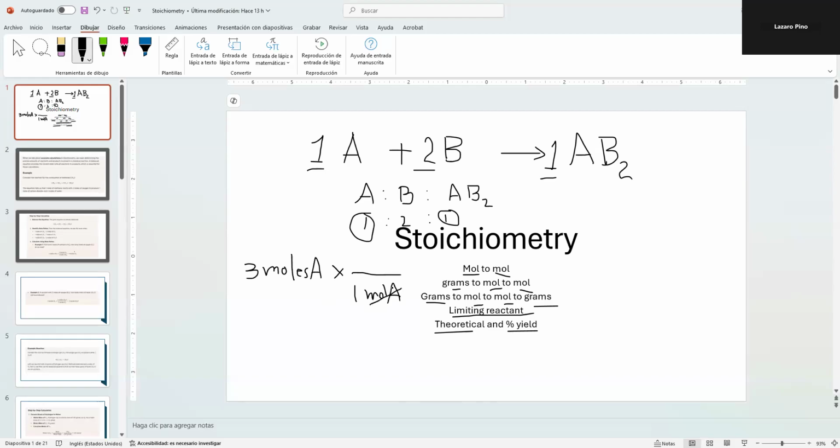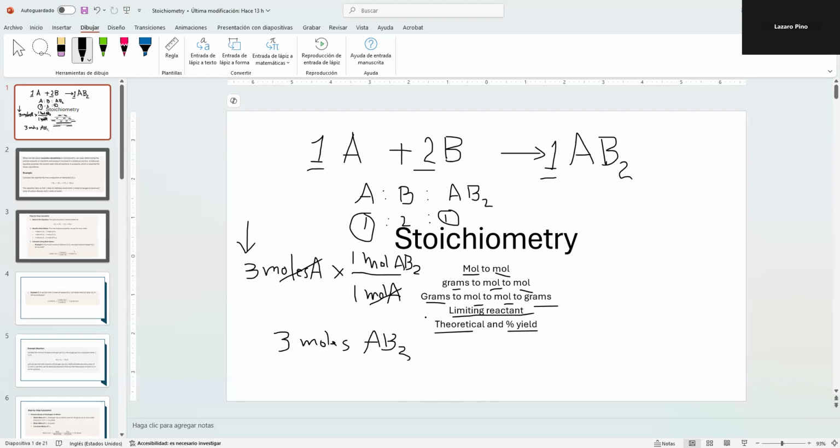In such a way that I can cancel moles of A with moles of A, because this is what is given. And what do you need to know? What you are asked for? Well, the moles of AB2. Then you type here 1 mole of AB2. And when you do the calculations, you get that the answer is 3 moles of AB2.